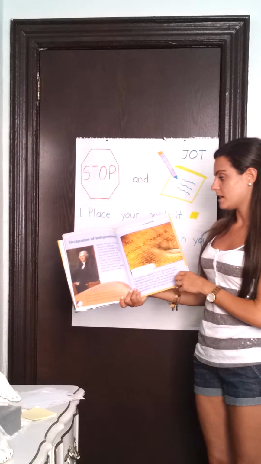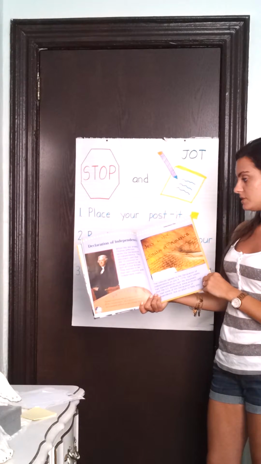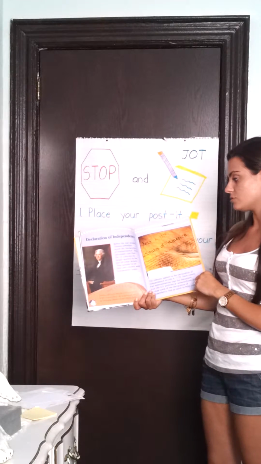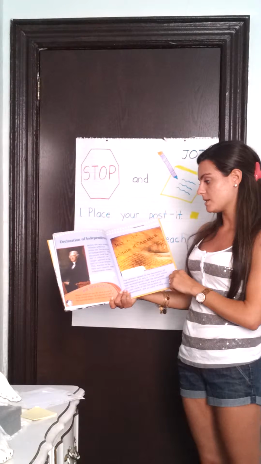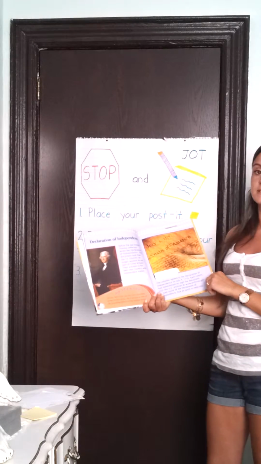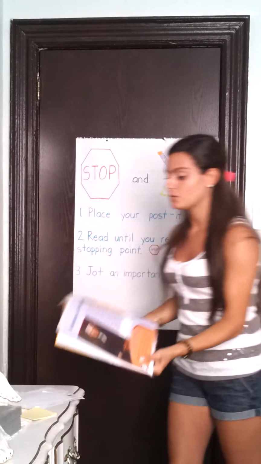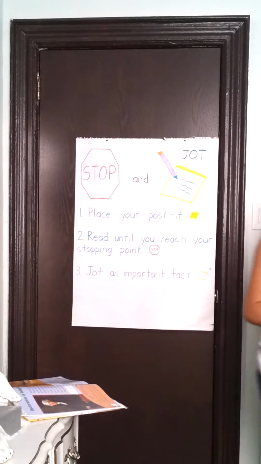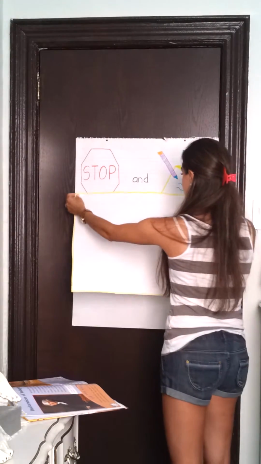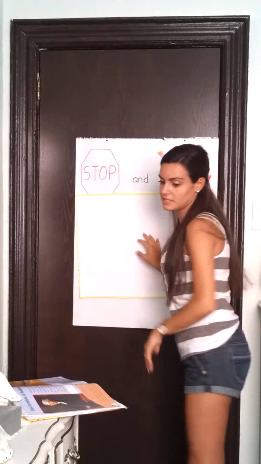Before the war ended, Thomas Jefferson wrote the Declaration of Independence. This document said that the 13 colonies no longer wanted to be part of Great Britain. They wanted to be their own country with independent states. So let's stop, and we're going to jot an important fact about the Declaration of Independence. So this is our post-it that we have together.